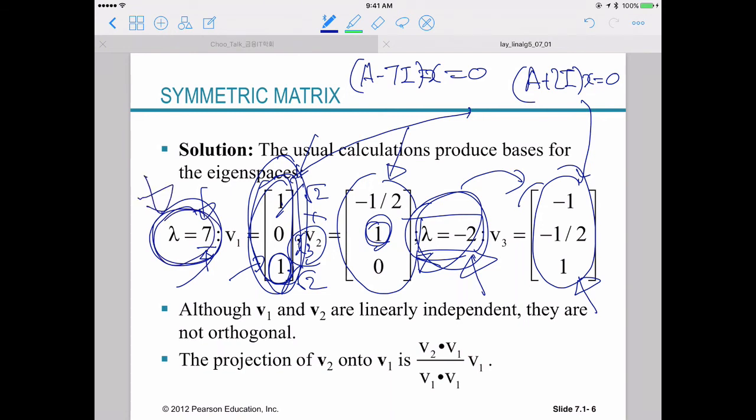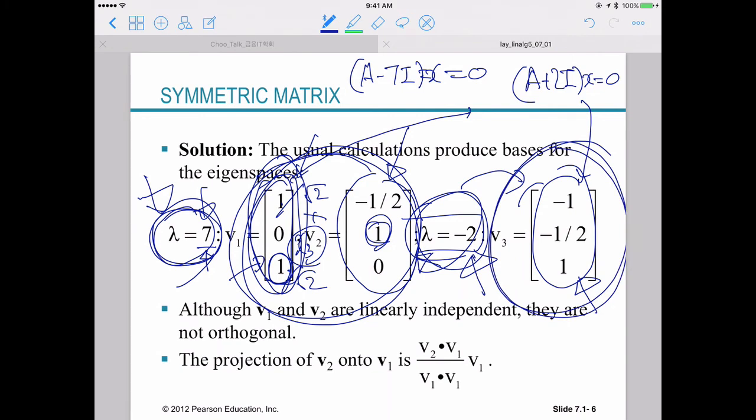Now let me ask a question. We have two orthonormal basis vectors, and we have one orthonormal basis vector. It doesn't make much sense to talk about an orthonormal vector in the case of a single vector, but we can still call it an orthonormal set.